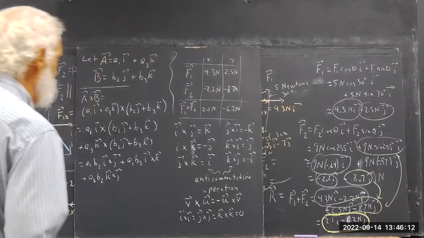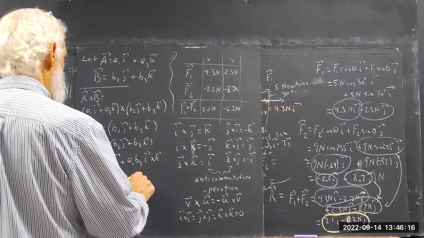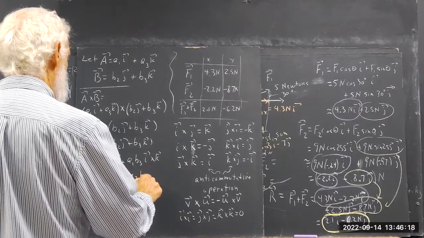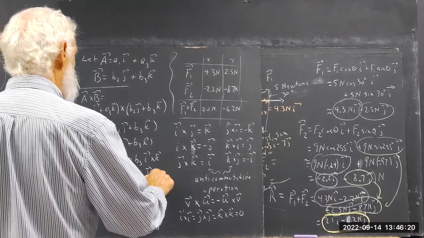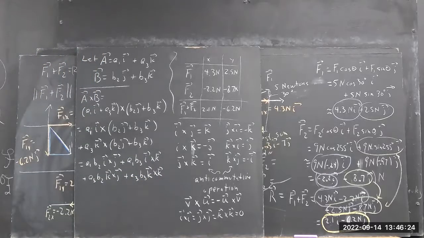Then we've got A3 B2 K cross J, and A3 B3 K cross K.